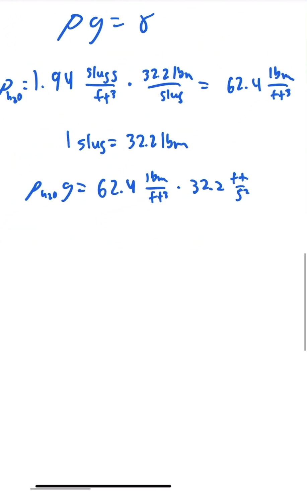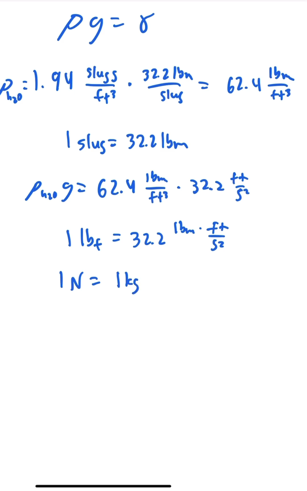Why is that? We also need to know that 1 pound force is equal to 32.2 pound mass feet per second squared. Just like how 1 Newton is equal to 1 kilogram times meter per second squared, it's the same idea just in English units. So 1 pound force is kind of the same thing as a Newton here.